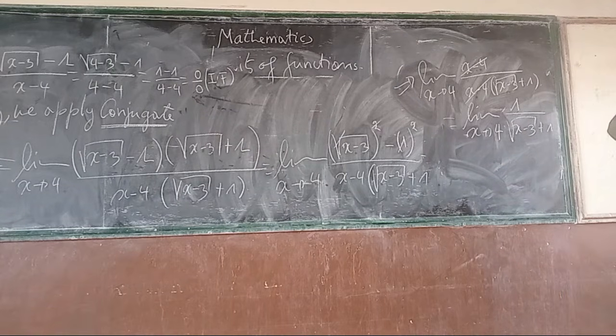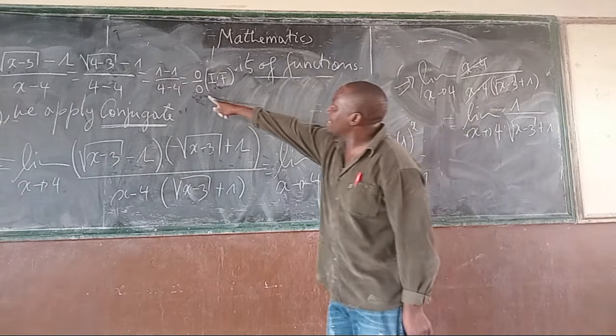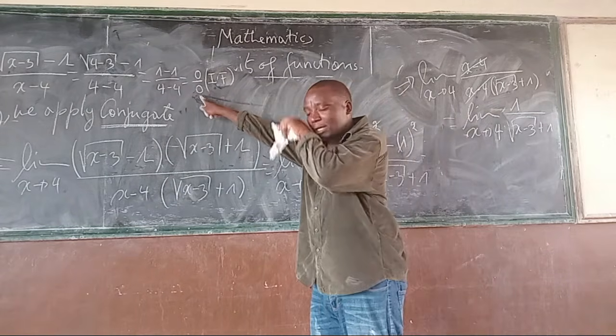Then, as you see me, at this level I can replace the value of x here, so that I get the real exact value as a result of rejecting our indeterminate form.